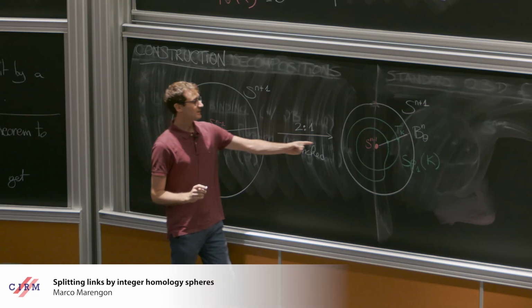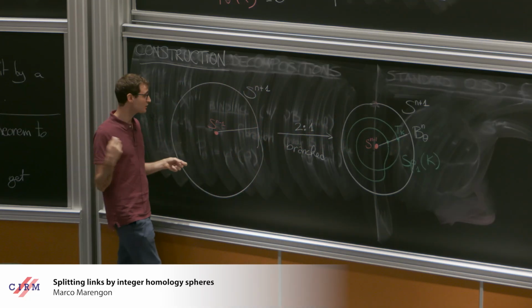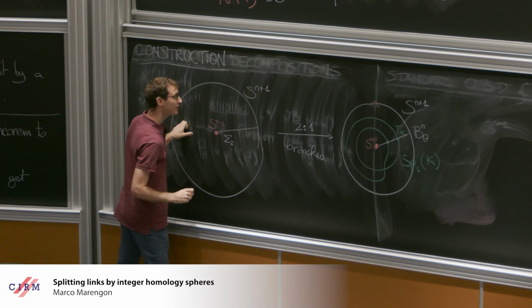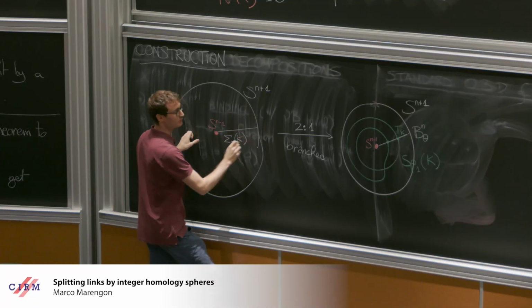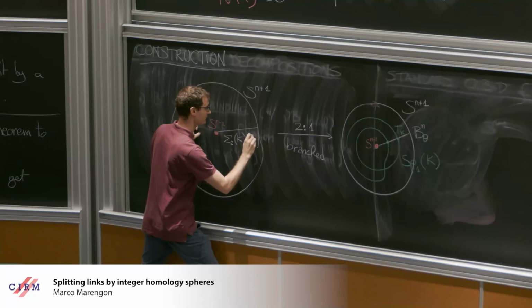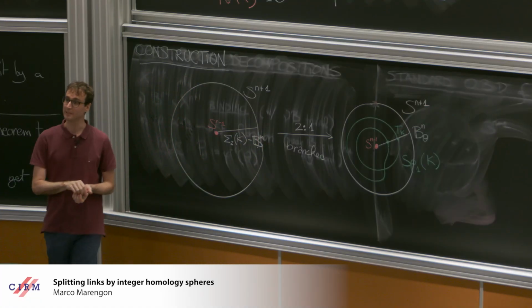And now the pre-image of a page is a page in the new open book decomposition, and this is precisely the double branched cover over the tangle, which is the double branched cover over K, its closure, minus an n-ball. So this is the new page.